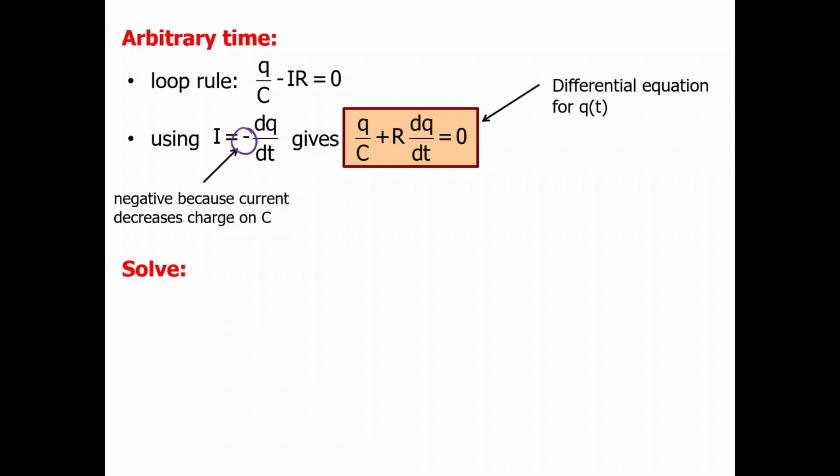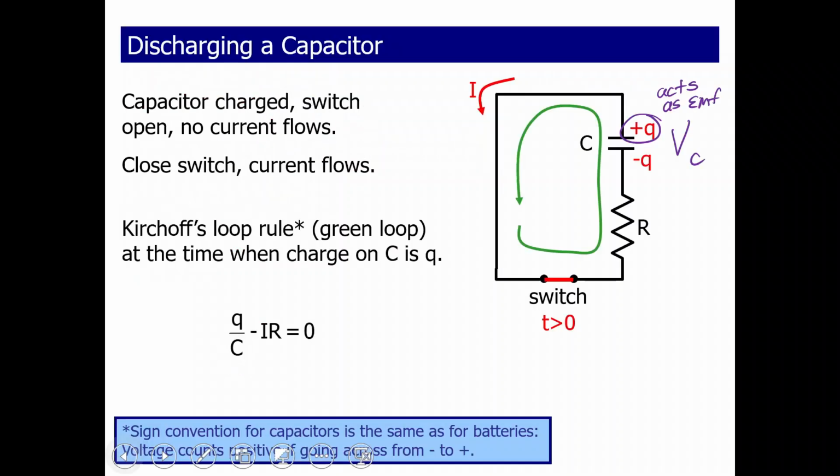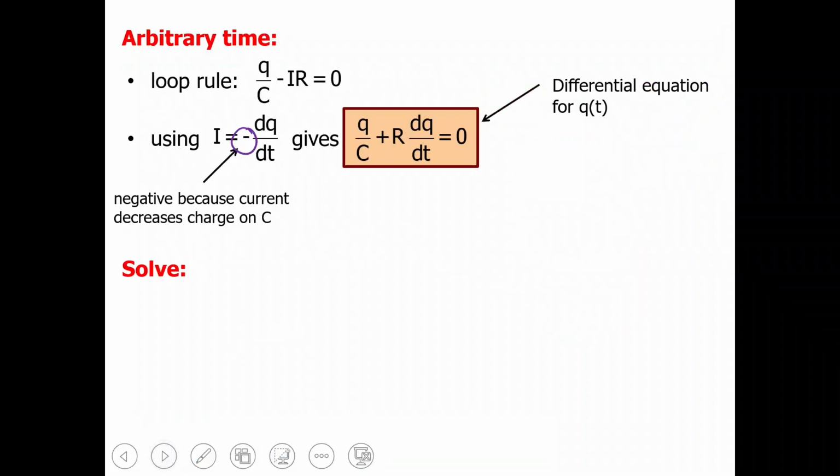I may set it up with a loop so that you don't need to do the negative, because if you keep your loop direction going this way, and assume your current's going to flow that way, then that sign is going to take care of itself. But we're going to keep going through this way. For this one, you don't need to worry about it too much because the sign error will take care of itself if you do have it.